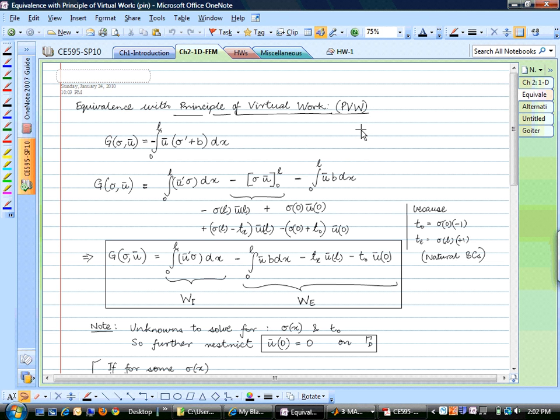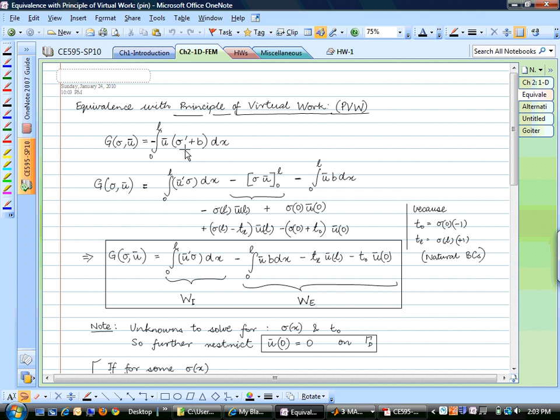For those of you who did not take 570, the principle of virtual work is something you might have seen in structural analysis. We start the exact same way. We take our differential equation, div s plus b, and in general, if anybody gives you any differential equation, multiply it with a u bar and integrate by parts. That's a standard procedure for all finite element formulations.